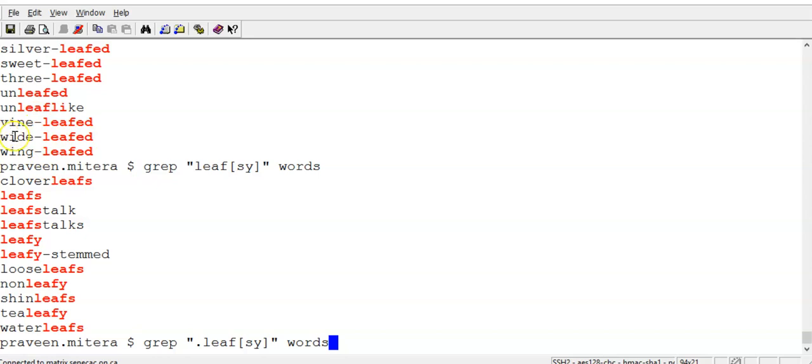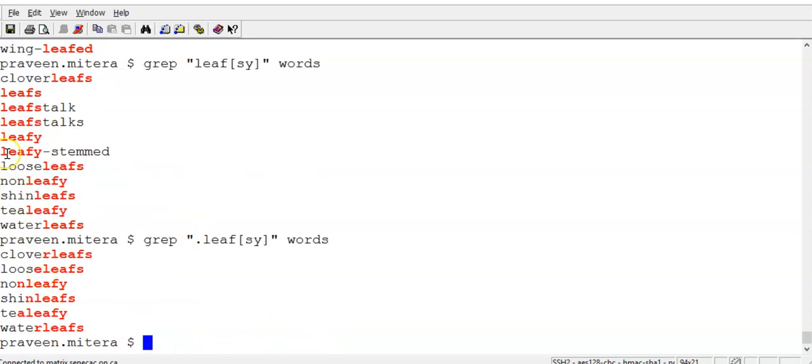More characters is okay, but the minimum would be one, and that's what the dot is saying. So these will no longer show up. See, the ones that begin here, and after we put this, these are no longer qualifying. Only these are qualifying. So that's how the dot works and how the character class works.